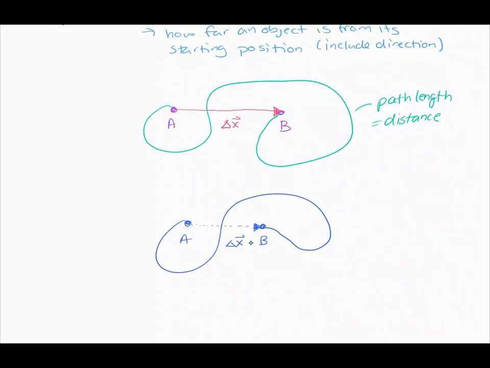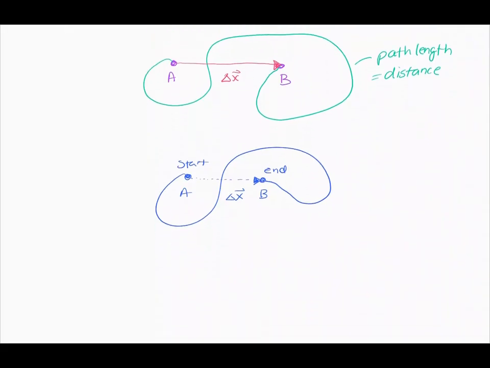And then the magnitude is the length of that arrow. And the direction is where the arrow is pointing. So maybe to the right. So the magnitude is size, how long the arrow is, and the direction is where the arrow is pointing. And it always points from the starting point directly to the ending point. And make sure that the arrow actually starts on the starting point and ends over there. Now, we can calculate displacement if I have values.